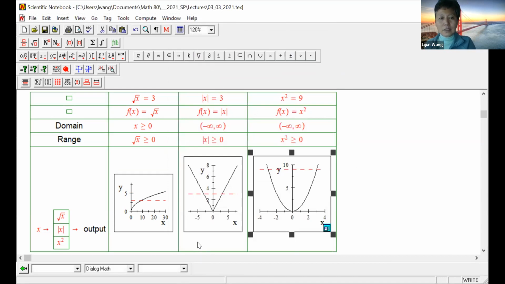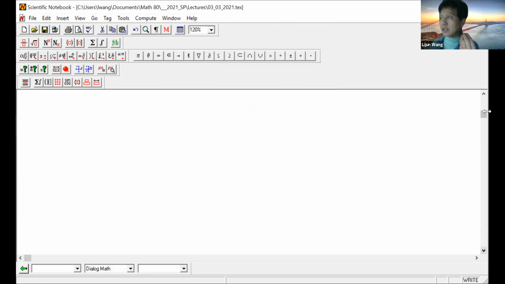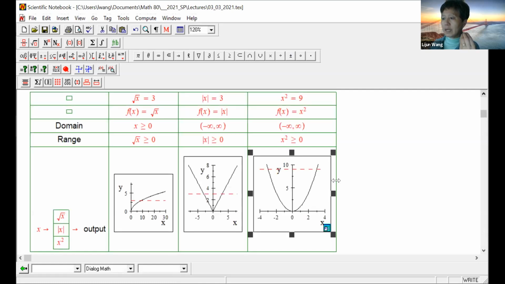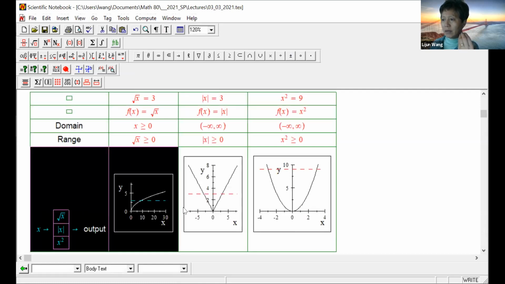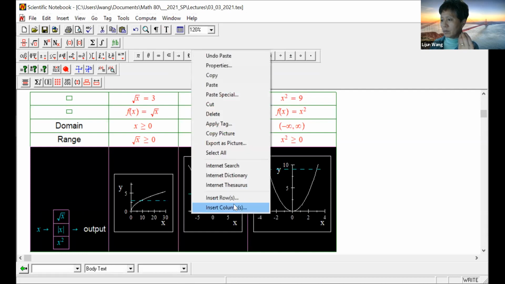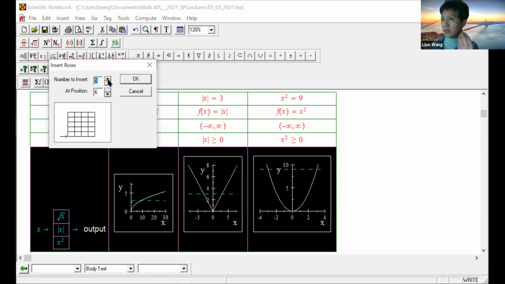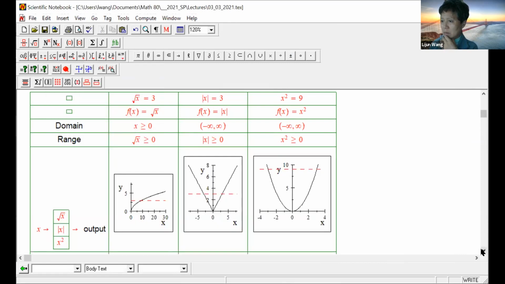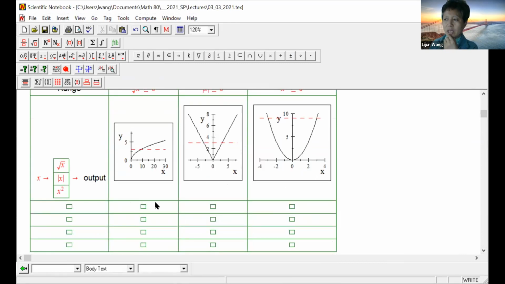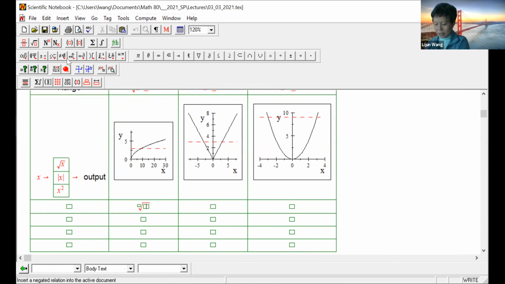Next we're going to look at questions 10, 11, 12. Are you looking at 10, 11, 12 on Alpha 11? I'm going to insert some rows. This time the rule has changed. The rule is the square root of x plus 3.